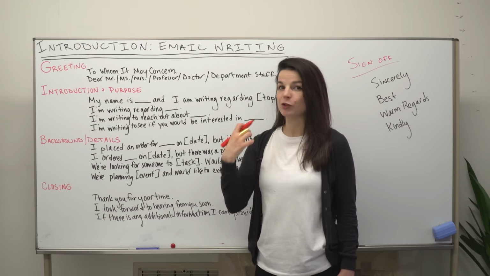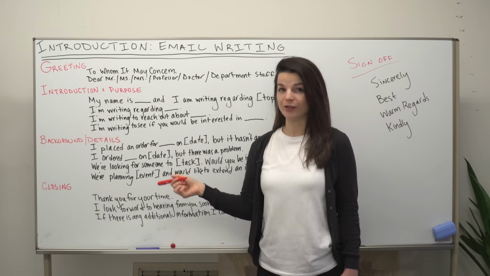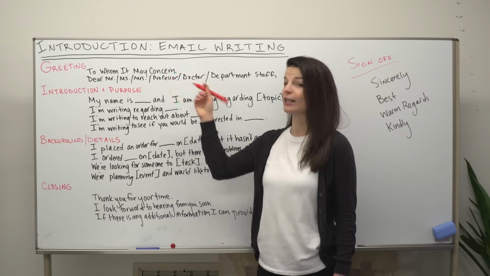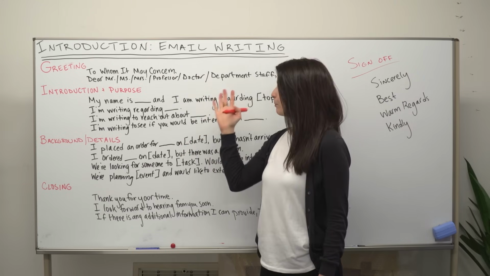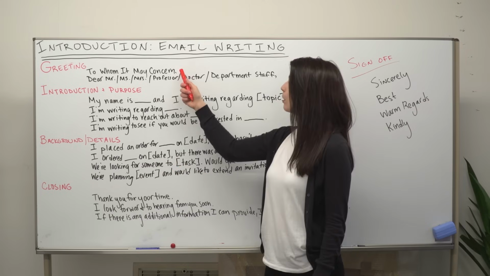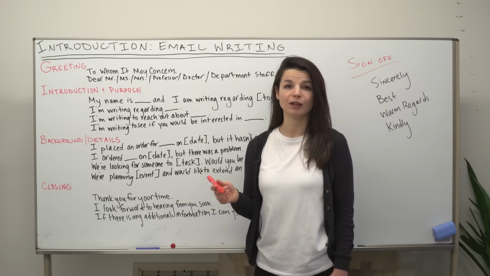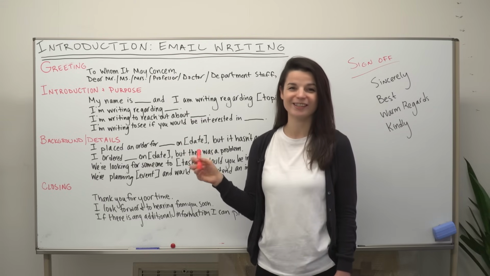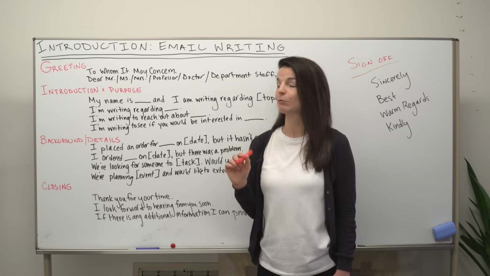So this email is to the person related to this inquiry, to this question. So it just means, in other words, I don't know who to address this email to, but please give it to the proper person, the appropriate person. This is a polite way to say that. To whom it may concern. We don't use this in speech. Just to whom it may concern is good for opening emails, for your greeting in emails.